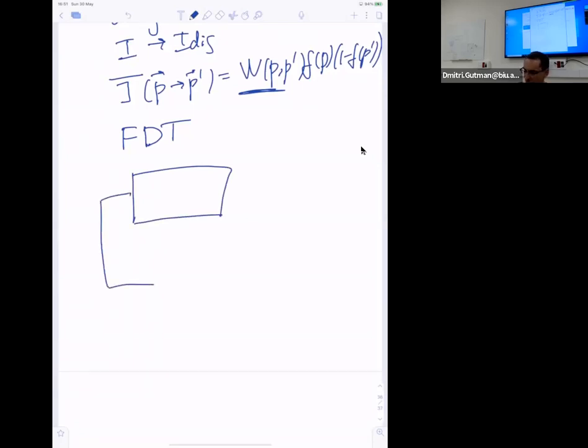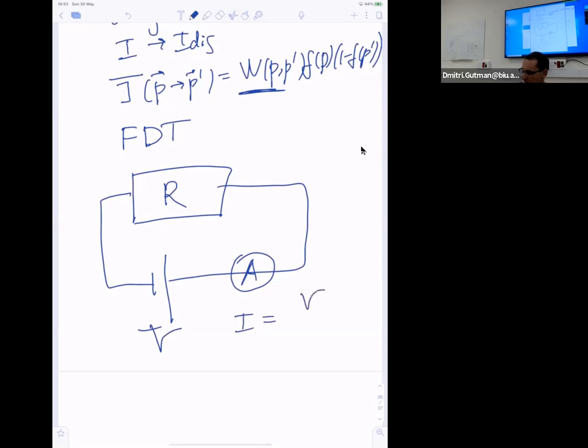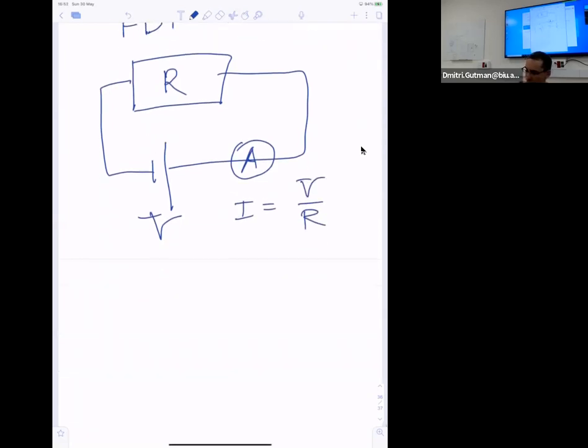Imagine that we have a resistor, a normal metallic resistor R. This resistor is biased by a voltage source such that a current flows in this system. We know there is a current and it's given by Ohm's law. And we want to compute fluctuations of current in this system. This is our goal.